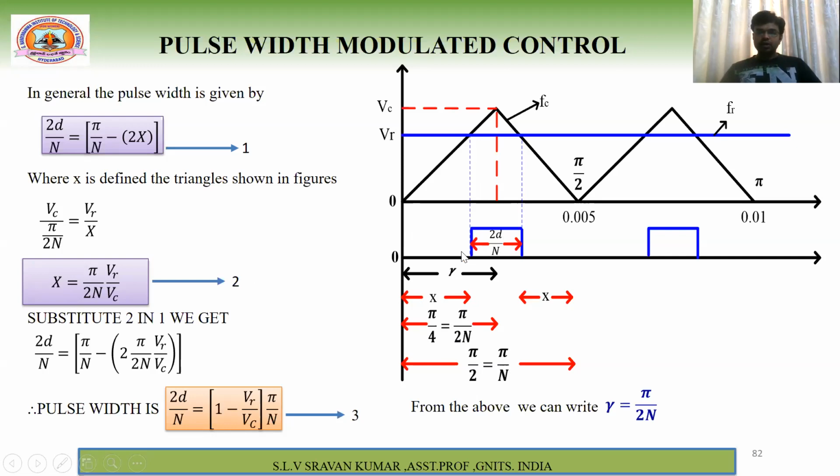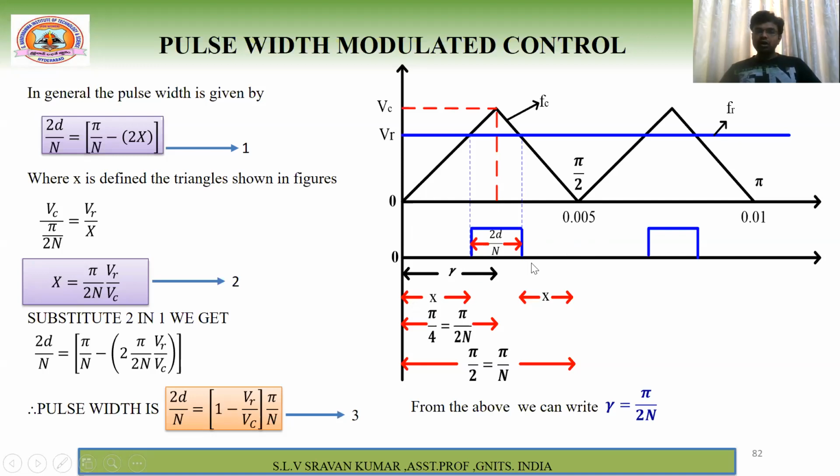So where n is the number of pulses. Next, this one is the non-conduction period of your switches. Here also, the non-conducting period of switches. Whenever a switch is conducting, some output voltage is present in the full bridge inverter. Here, nothing is conducting, so your output voltage is 0. So this non-conduction period is defined with x.